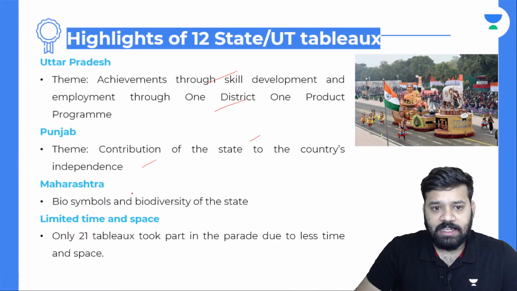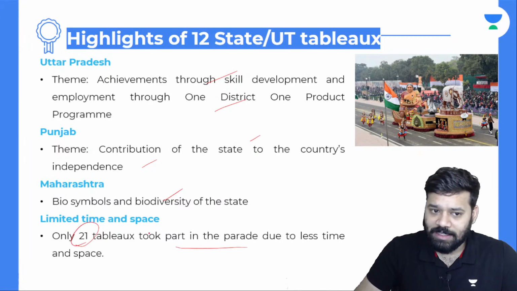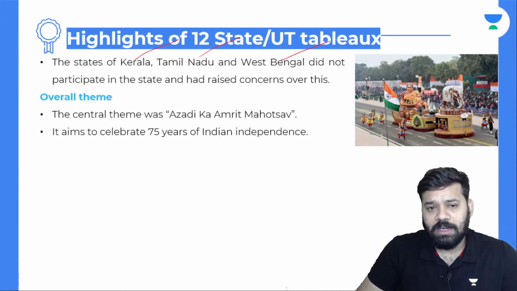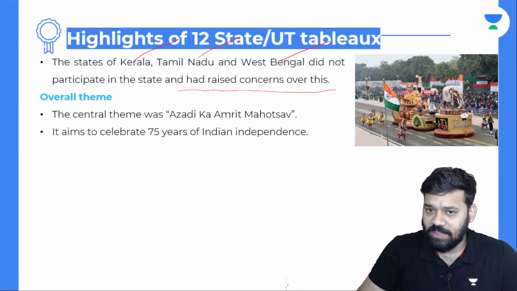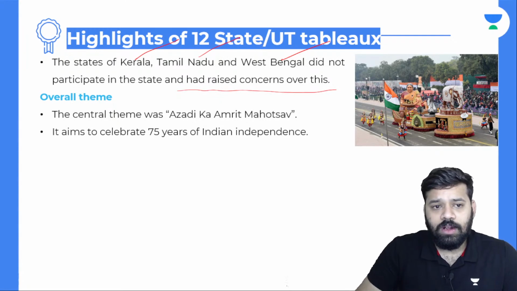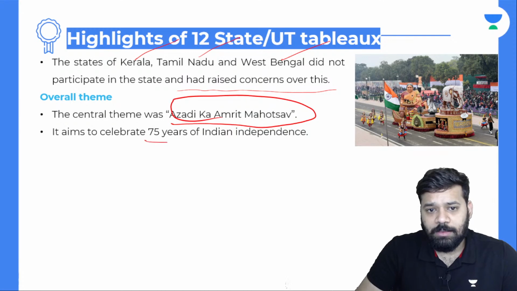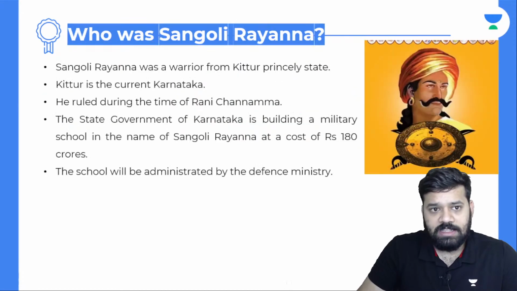And Maharashtra, it is biosymbols and biodiversity of the state. Due to limited time and space, only 22 tableau took part in the parade. The states of Kerala, Tamil Nadu, and West Bengal did not participate, and they have raised their concerns over it. And the overall central theme was Azadi Ka Amrit Mahotsav. It aims to celebrate 75 years of India's independence.